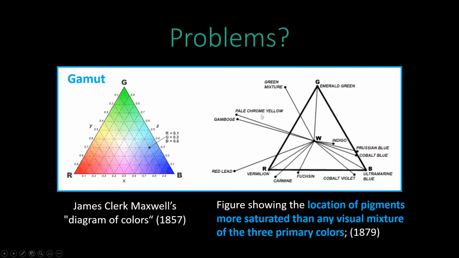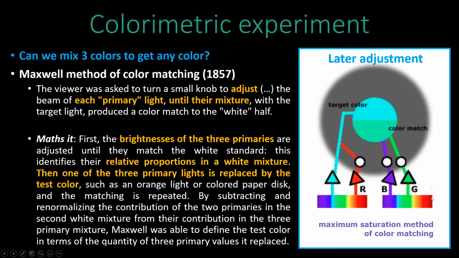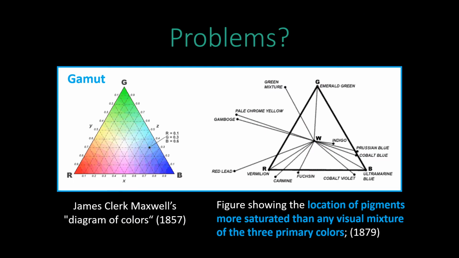They tried to solve it by reducing or subtracting one of those colors in order to move them somewhere inside that region. In that case, you would be able to map them inside, but you had to mix in a color not only to this part, but also to this part. We will see that more in detail later as well.